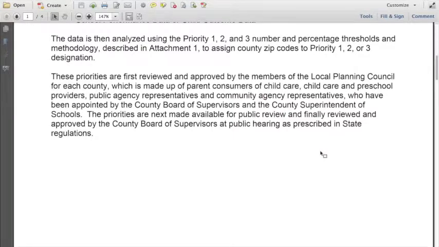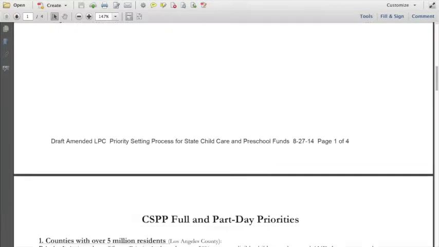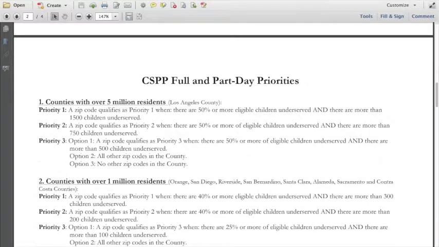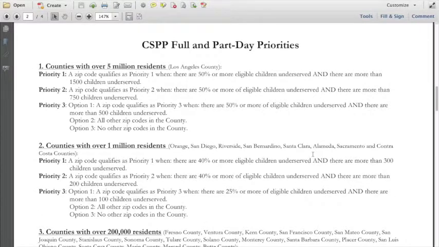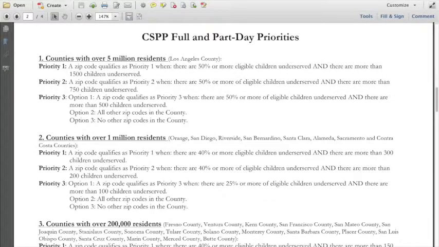So then the second part of this, if we scroll down, you'll see that there is a page on the priorities for CSPP, which stands for the California State Preschool Program, full and part day priorities together, and it gives you a range for counties of different sizes for what a priority 1, 2, 3 would be for your county.